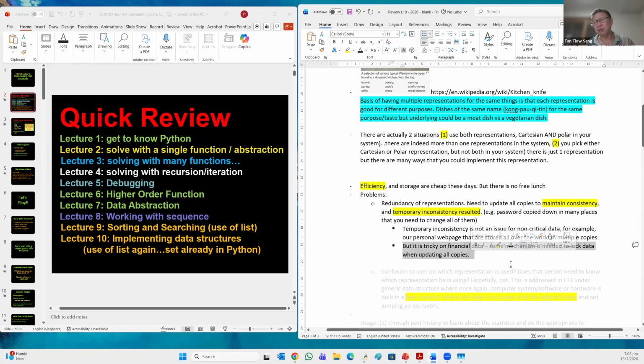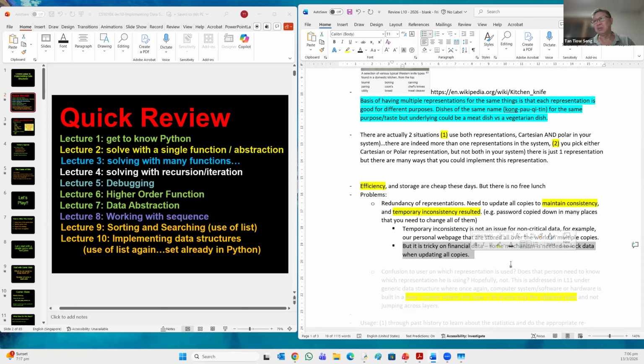For example, bank records have to be consistent all the time, in a way that the system has to have a single truth with respect to whatever is recorded. Whatever money you have in the bank has to be the truth and only one truth. So in such cases, multiple copies can pose a problem.